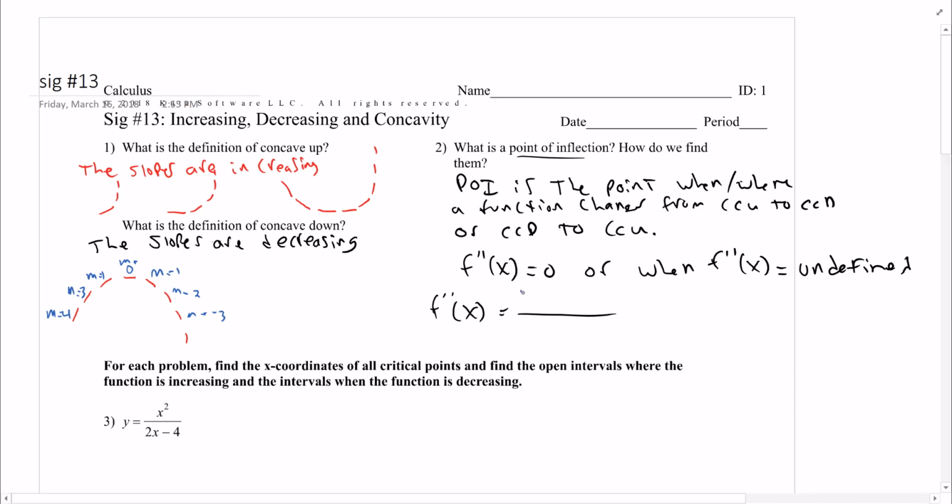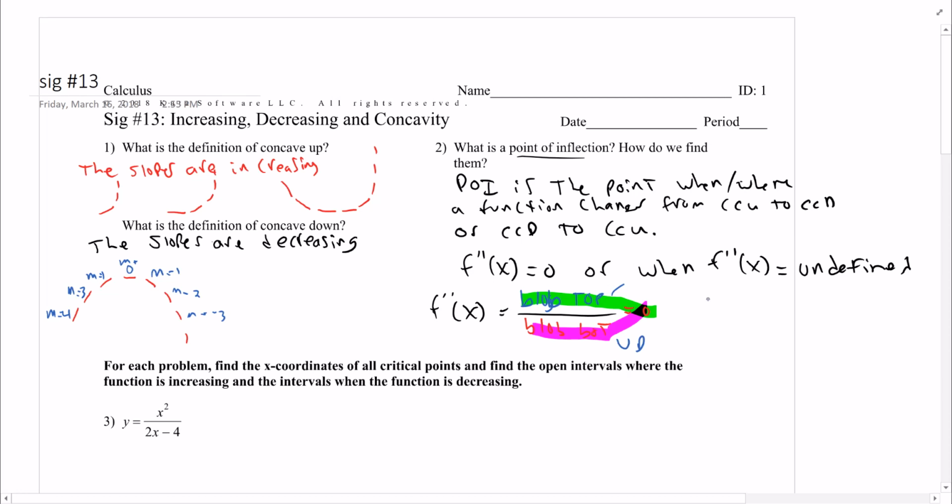Let's say some blob on top, and then there's another blob on bottom. If you want to know when it equals 0, then you set the blob on top equal to 0. If you want to know when it's undefined, then you set the blob on bottom equal to 0, right? So the second derivative will be undefined when the denominator is equal to 0, and the second derivative will be 0 when the top is equal to 0, right?